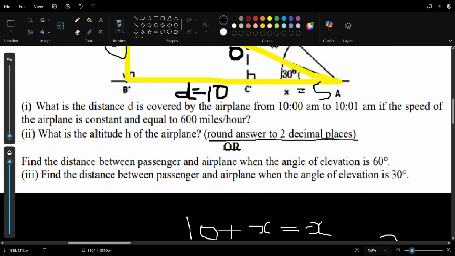Now look at the third question. This is a part of the second question. Find the distance between the passenger and the airplane when the angle of elevation is 60.